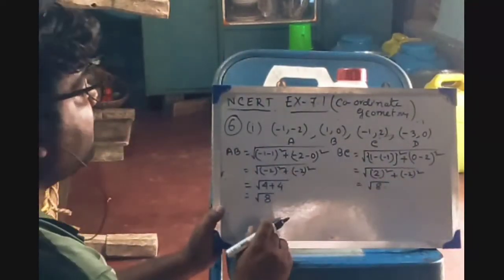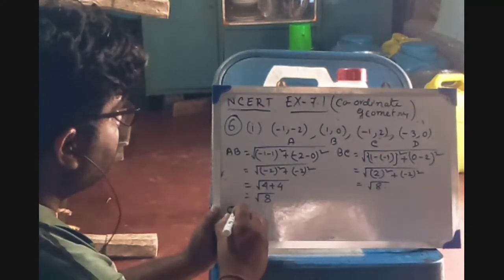Next, AB, BC we have found. Next CD, we have to find.